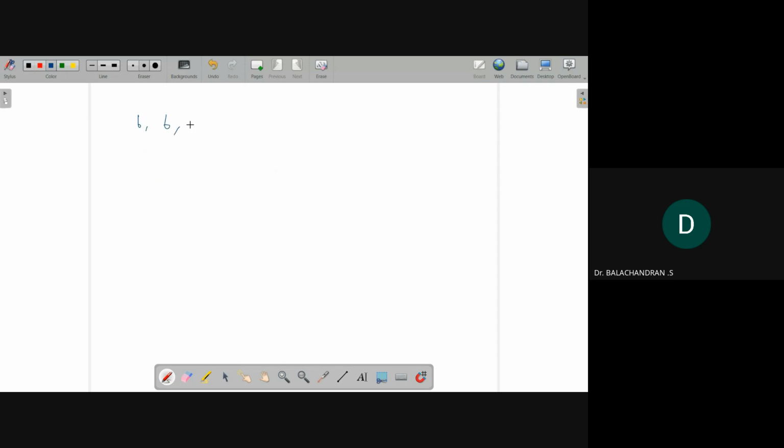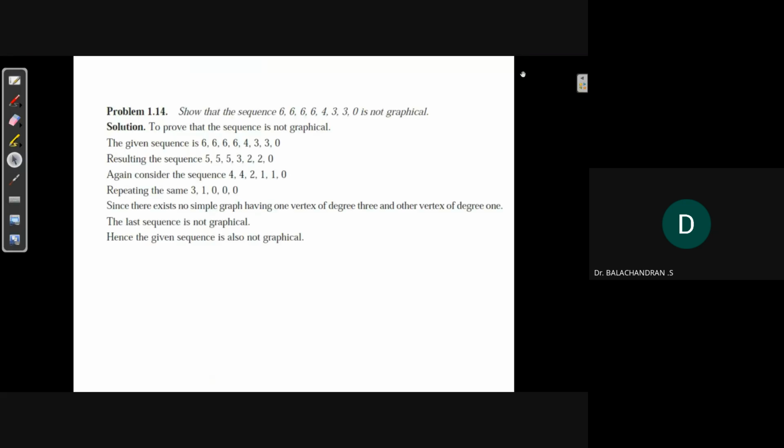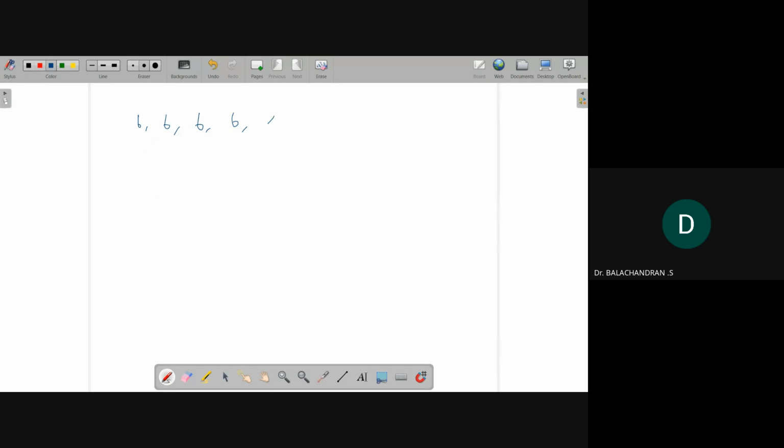So 6, 6, and 4, 3, 3, 0. Let us take these as A, B, C, D, E, F, G, H. I will take the first one as P1.